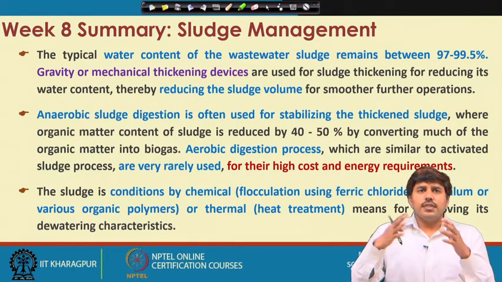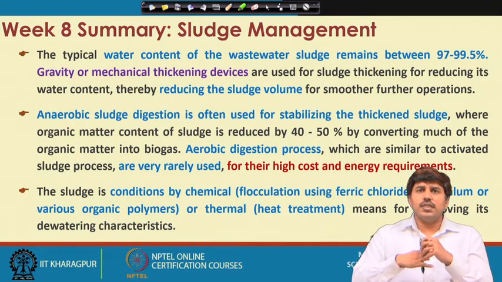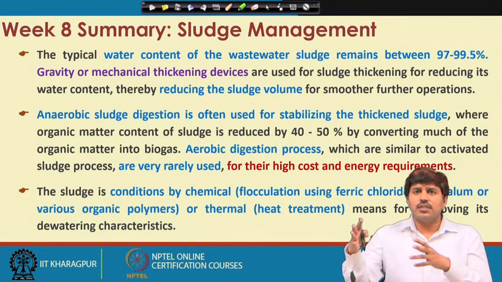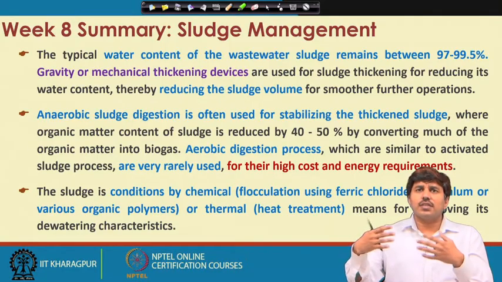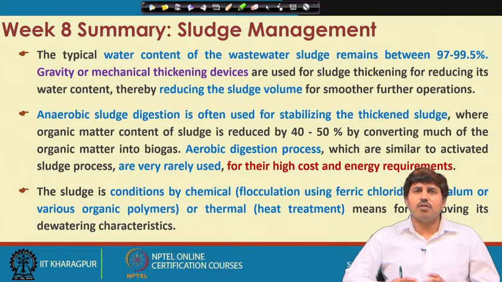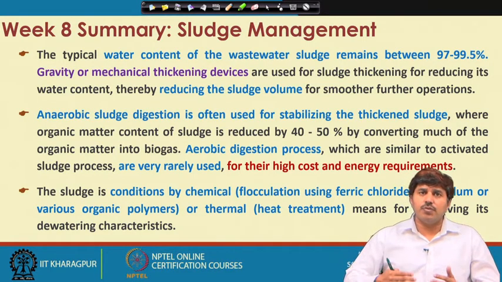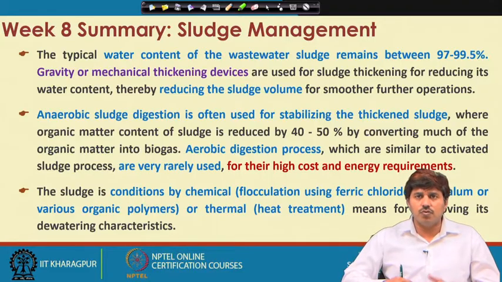The anaerobic digestion is the next process which is used for stabilizing the thickened sludge. Once we are done with sludge thickening, we go for the digestion process, or we call it the sludge stabilization process, and for this purpose anaerobic or aerobic digestion could be used.